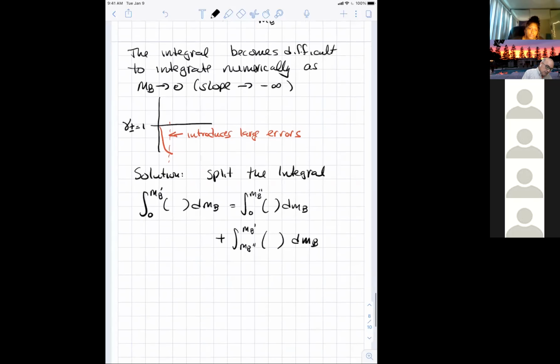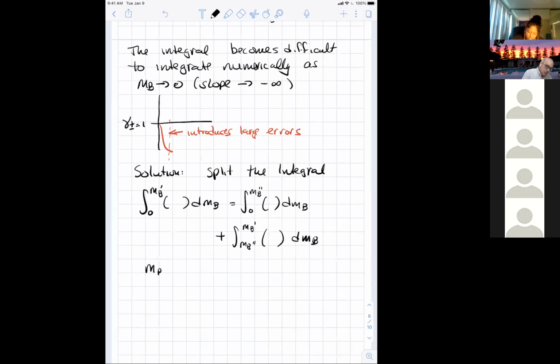So this new molality, MB double prime, is a low molality where we may still measure the osmotic coefficient.